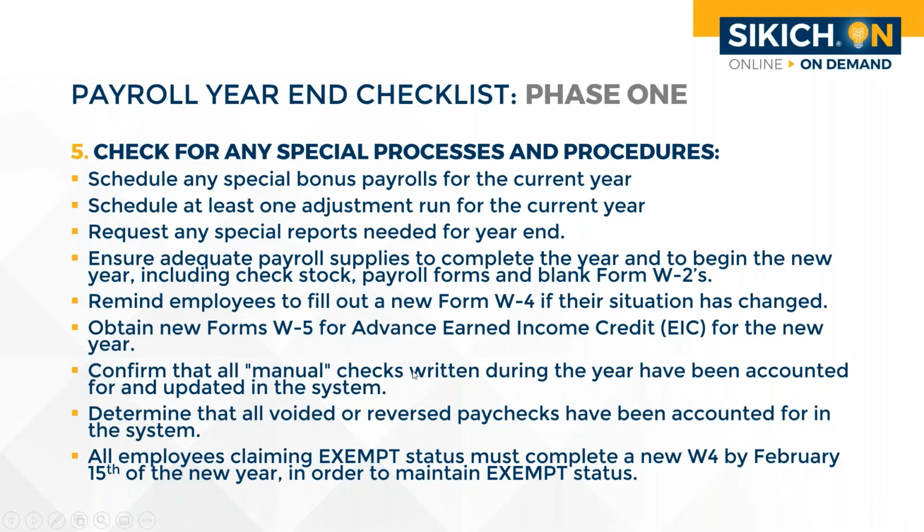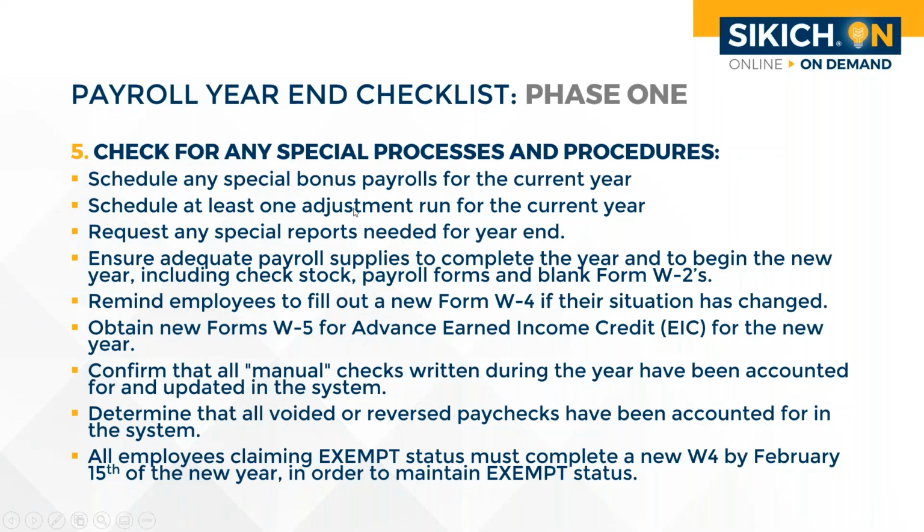Go through all of your hand or manual checks to make sure that your system's been updated accordingly. Make sure that you have voided or reversed all paychecks that have potentially been either returned, canceled, voided, direct deposit returned and replaced.